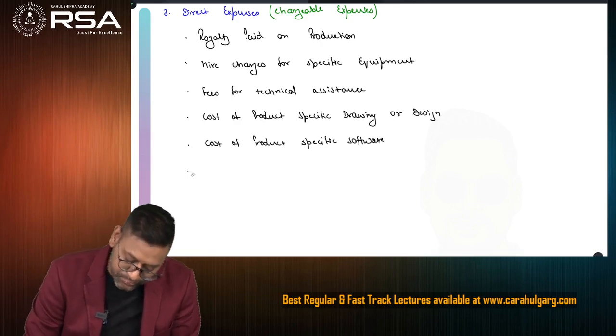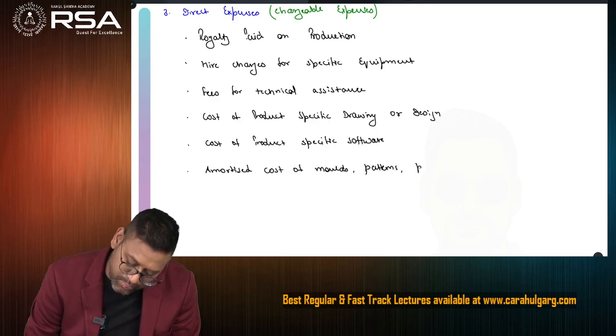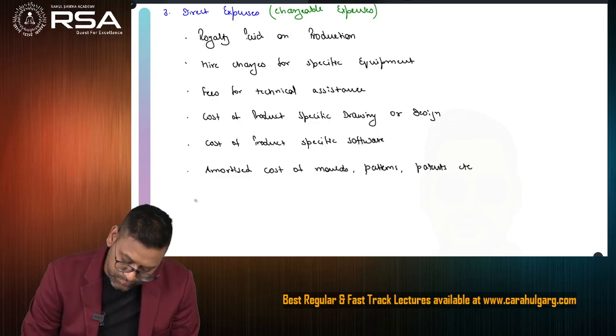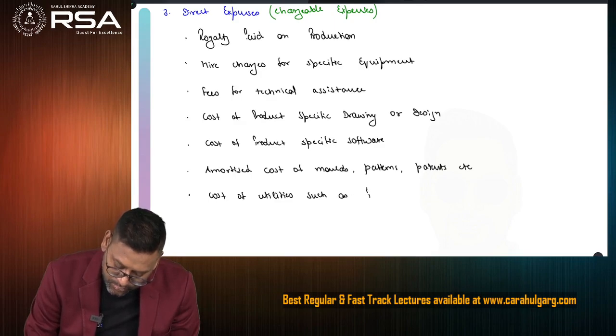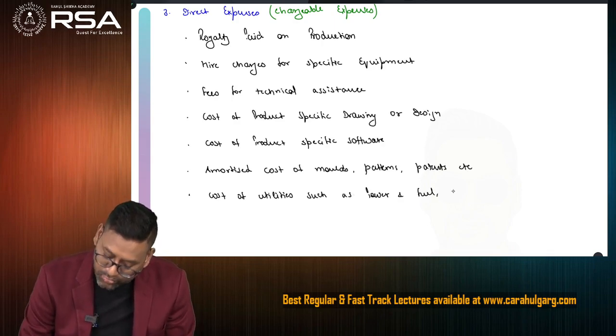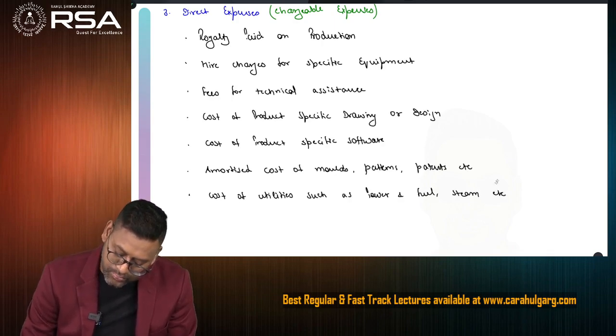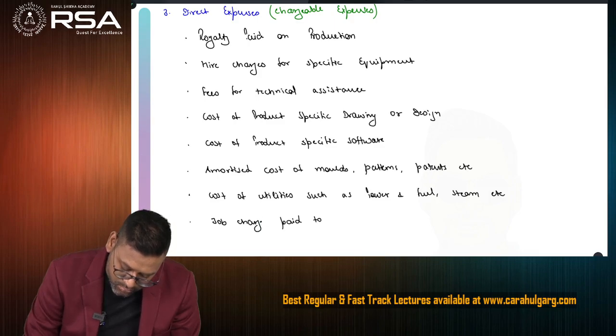Cost of product specific software. Amortized cost of molds, patents, etc. Cost of utilities such as power and fuel, steam, etc. At the end, job charges paid to job workers.